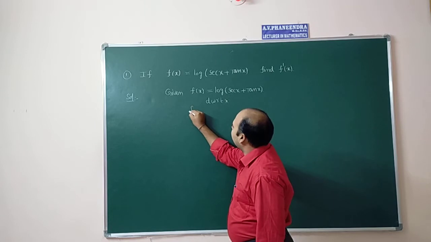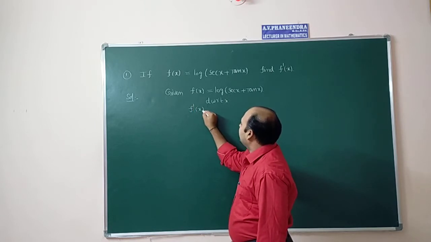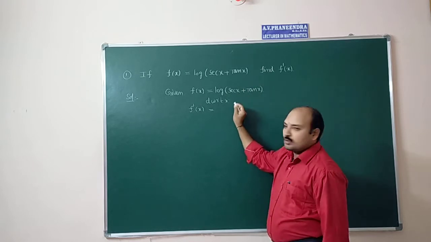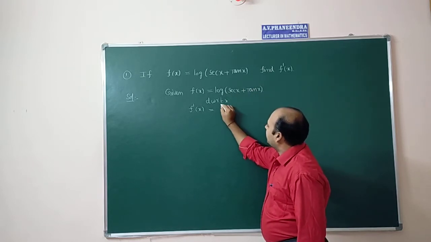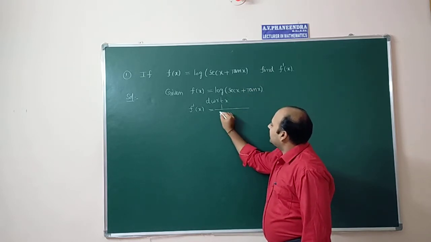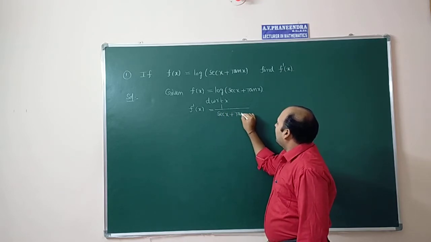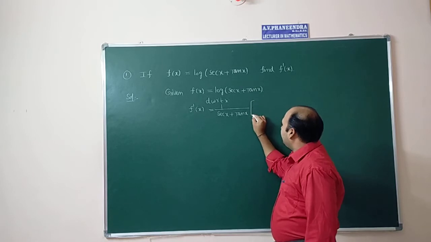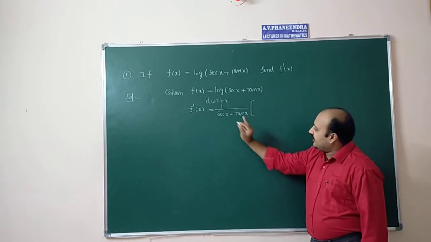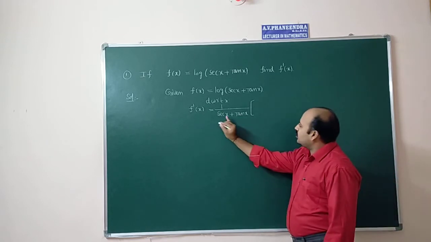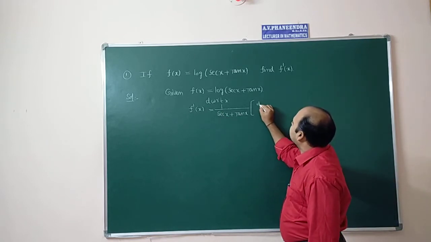F dash of x is equal to 1 by f of x, which here means 1 by secant x plus tan x. After that, keep bracket. Each and every term of this function you have to differentiate. So d by dx of secant x, and next d by dx of tan x.